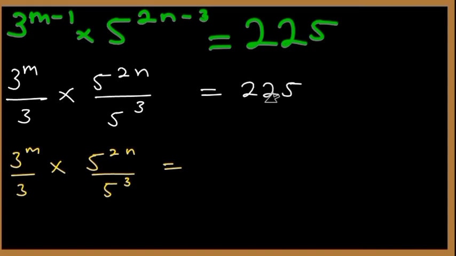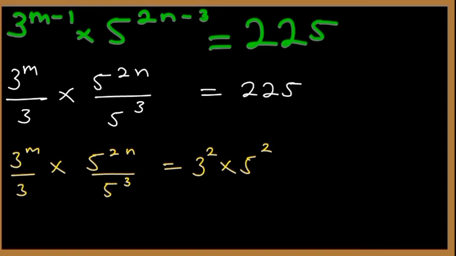Now this one we can see that 9 times 25 will give us 225. So the 9 I can write in exponential form as 3 to the power 2, and the 25, I can write it as 5 to the power 2.